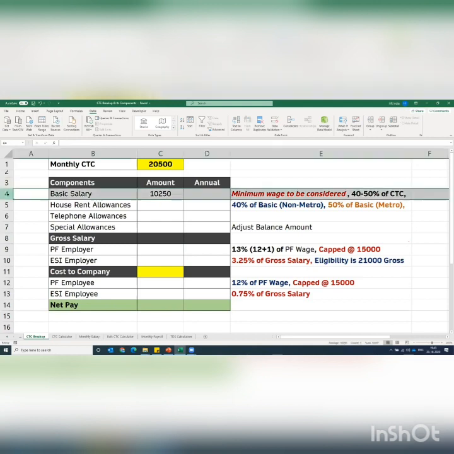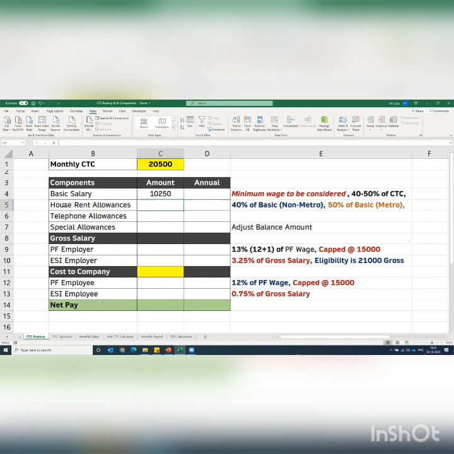This is the very first step: you need to calculate the basic salary of the employee, considering the minimum wage and the 40 to 50% of CTC criteria. You can go below 40% also, but it should not be less than the minimum wage of the state. If it is less, that would be non-compliant.